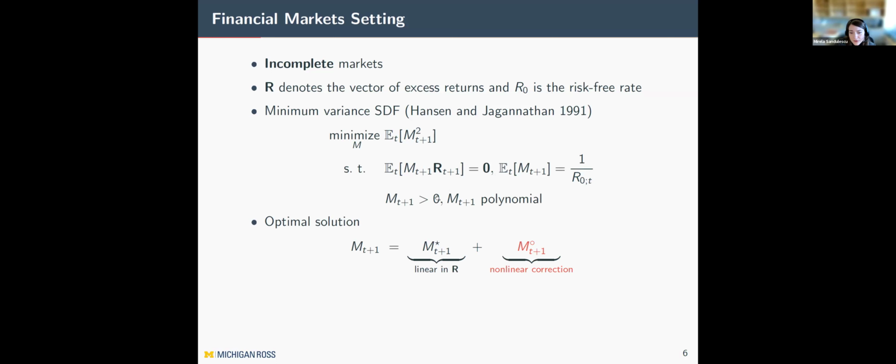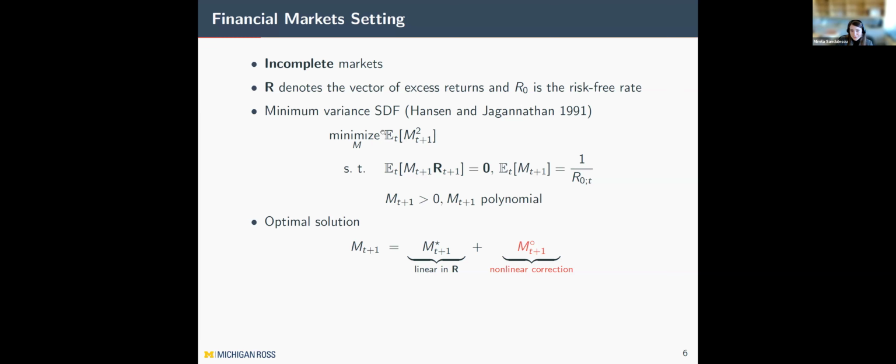What is new is that we are going to take very seriously this condition that M has to be positive. And how do we do that? By focusing on M that are going to be polynomials of even degree. And in our optimization, we are going to stop at the polynomial of second order degree, because already with that, we are able to ensure that the no arbitrage condition is satisfied. And since we focus on minimum variance, that's why we don't have to go to a higher order polynomial.